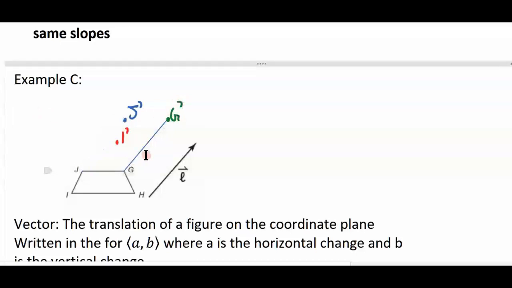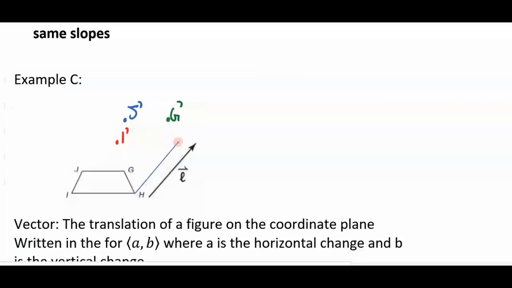So I put the dot at the end of the line and then label it. And that's my H prime. Okay? And if I connect these, then I create a translated figure that's been moved to the right and up some amount.